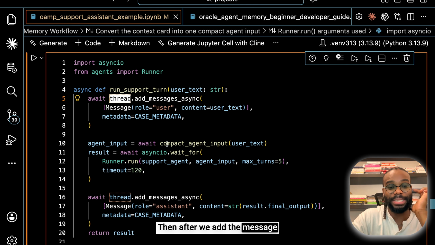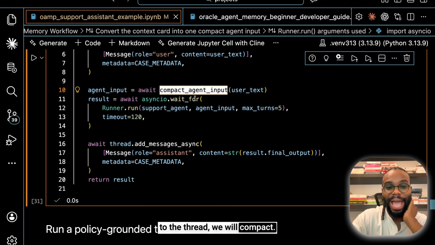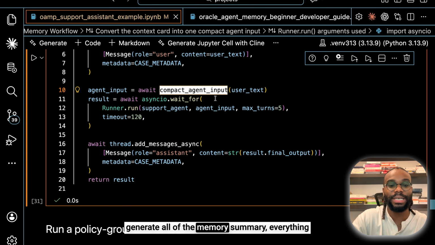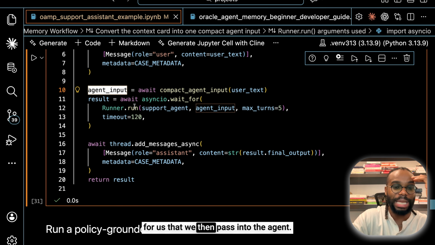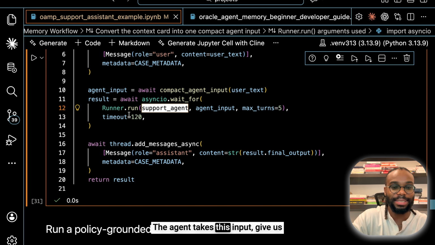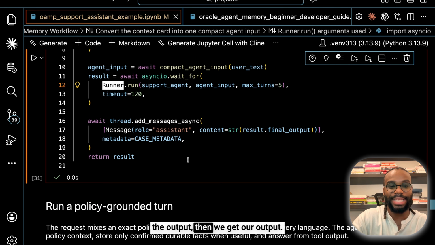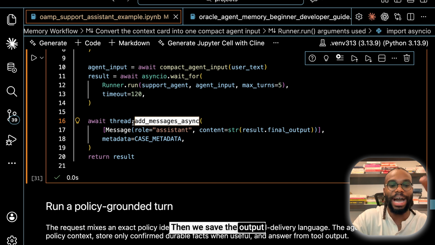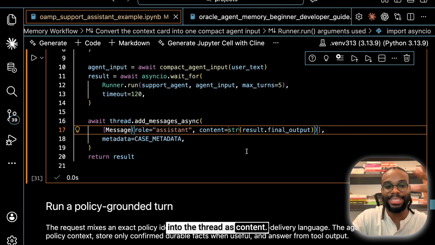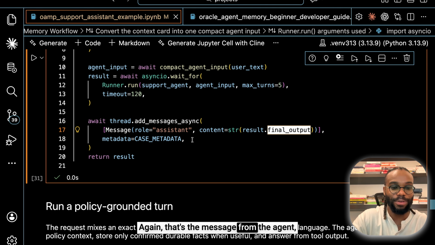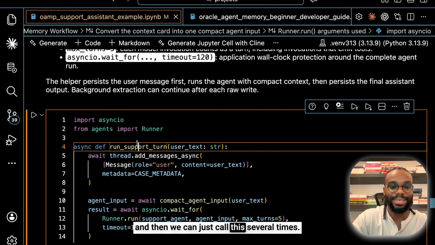Then after we add the message to the thread, we generate the context card that would generate all of the memory, summary, everything for us that we then pass into the agent. The agent takes its input, gives us the output, then we save the output into the thread as content again. That's the message from the agent. And then we can just call this several times.